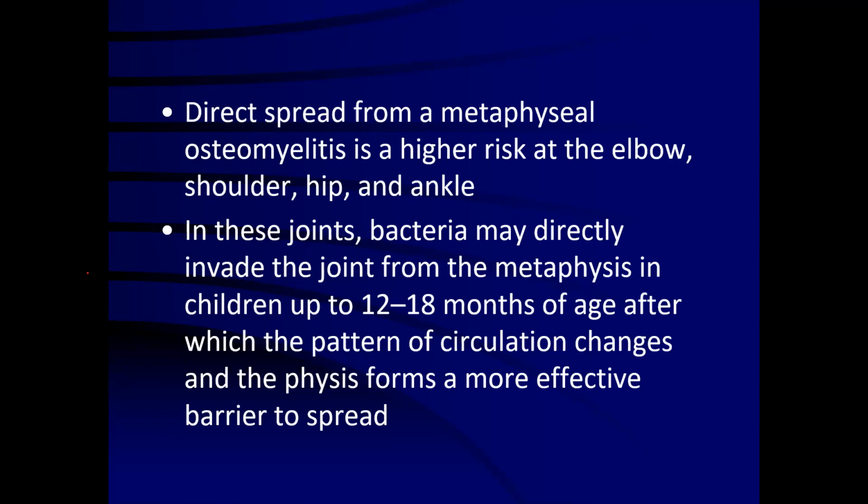We know that there is a direct connection between the metaphysis and the epiphysis in children up to 12 to 18 months, after which it becomes blocked. But there remains another route. These metaphyses are present within the capsule, and therefore they can have an infection involving the joint and the metaphysis of bone, combined osteomyelitis and septic arthritis.